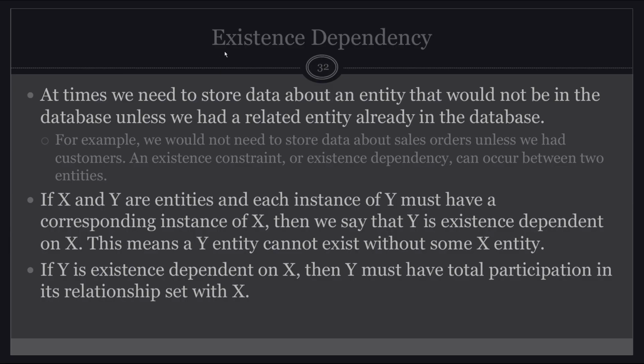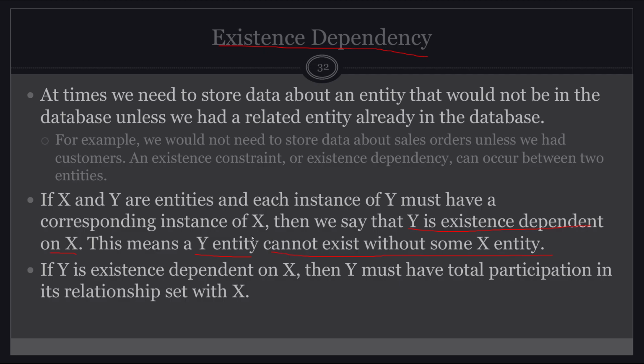Okay, now moving on to the existence dependency. When an entity in the entity set y is existence dependent on x, it means that entities in y cannot exist without a corresponding entity in x.